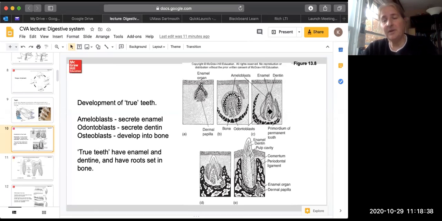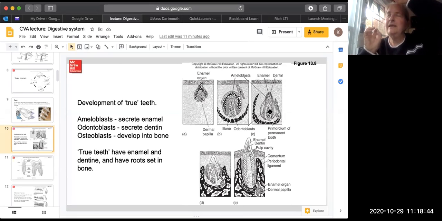So it's an interesting phenomenon. The upper jaw and the lower jaw have to form the shapes of their teeth completely, separately in each jaw, and they have to occlude.